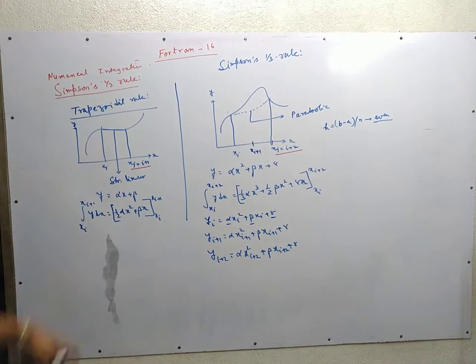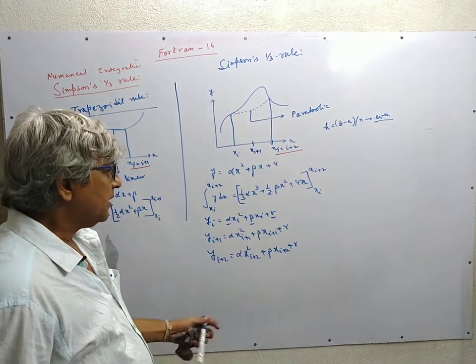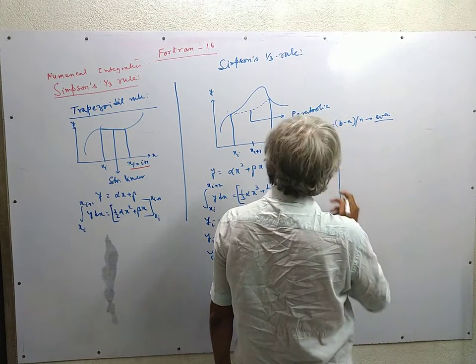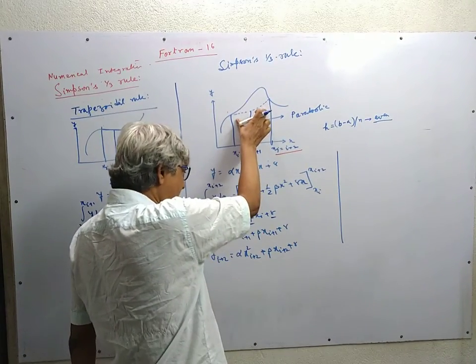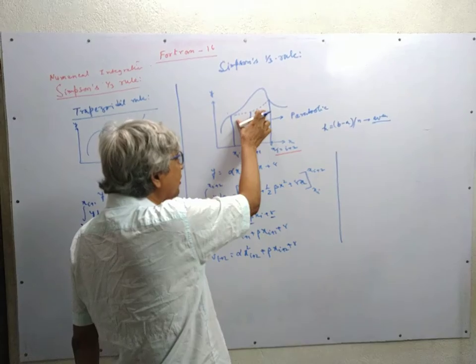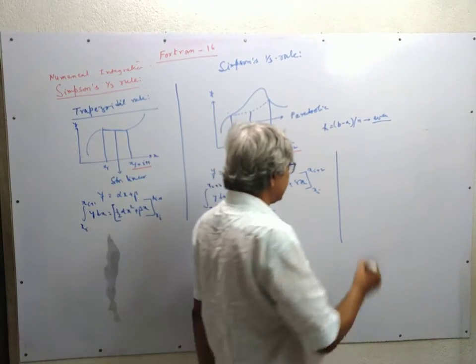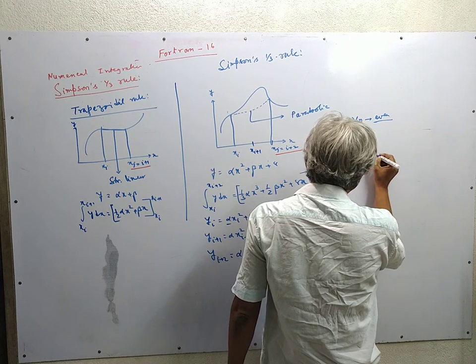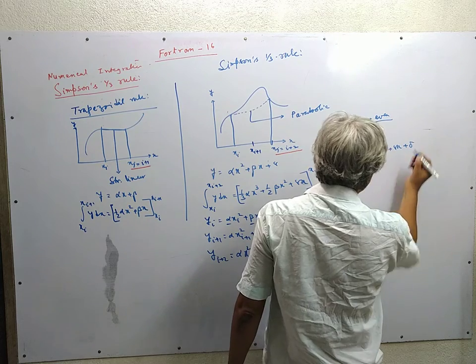There is another rule called Simpson 3/8 rule, in which the graph within a block is approximated by a cubic polynomial, that is, alpha x cube plus beta x square plus gamma x plus delta.